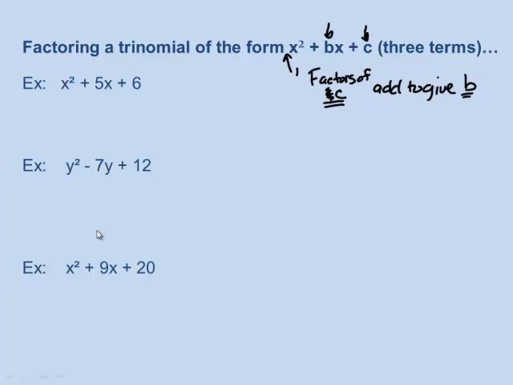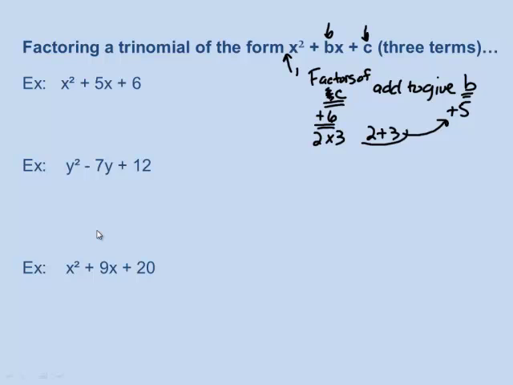So starting with this first example, x squared plus 5x plus 6, can we find factors of positive 6 that add to give us positive 5? And the answer is yes. 6 will break down several ways, but one of them is a positive 2 times a positive 3. 2 times 3 is positive 6, but 2 plus 3 is a positive 5.